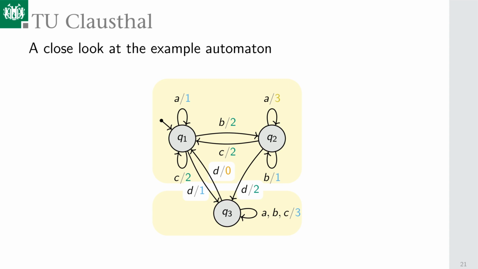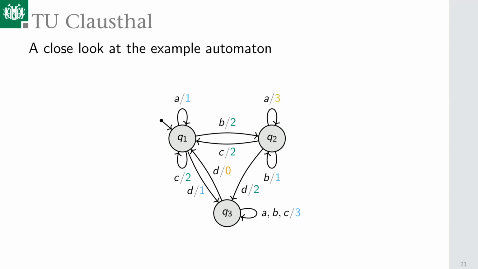However, state Q3 has a different language. That is because a suffix word consisting only of Cs is accepted in the upper part, whereas that word is rejected in the lower part. In the upper part, the color of the word becomes 2, in the lower part it is 3.